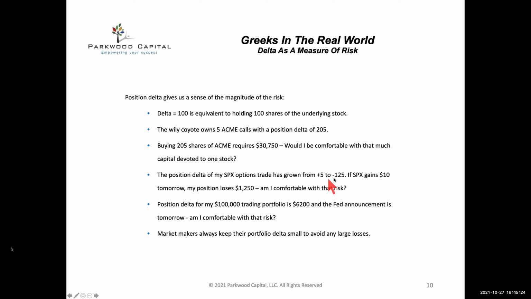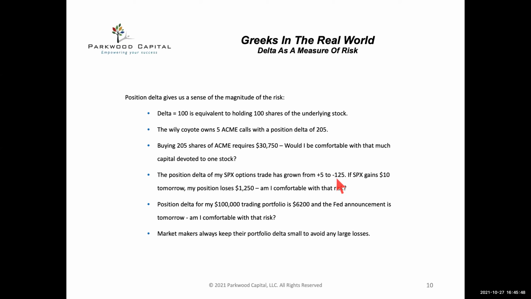The other thing you can do is, let's say we put on an iron condor with SPX, and we start out with a delta that's very small, a so-called delta neutral position. It doesn't make much difference whether it moves up or down. I'm not going to change my P&L very much. But let's say over time, I've been in this trade for a couple of weeks. The market is continuing to go higher.